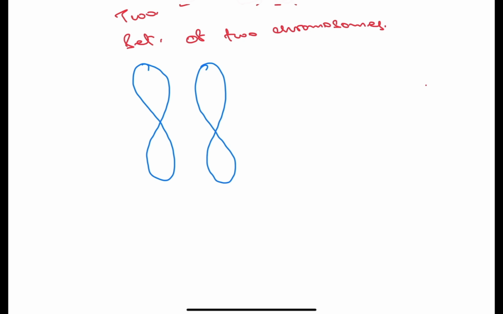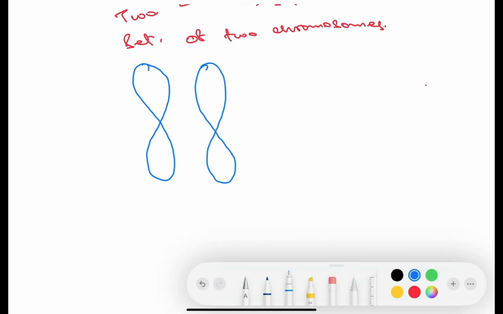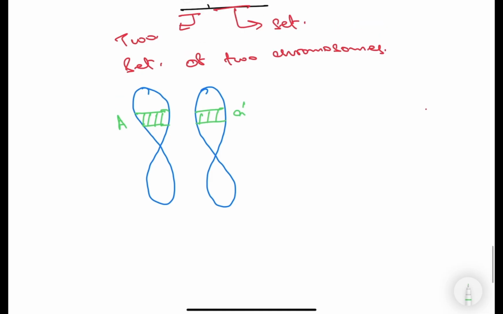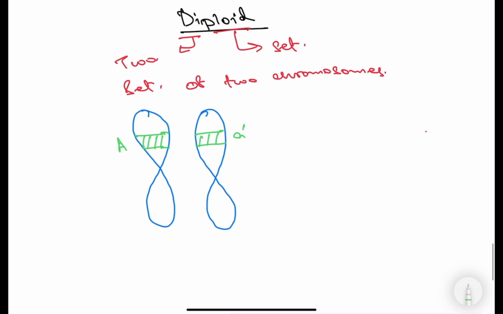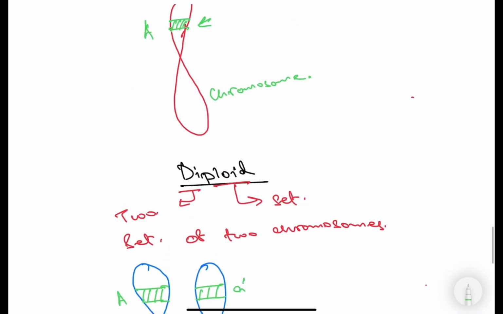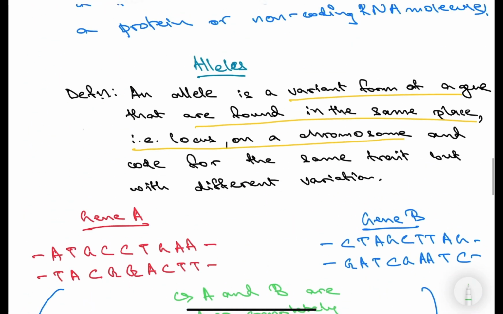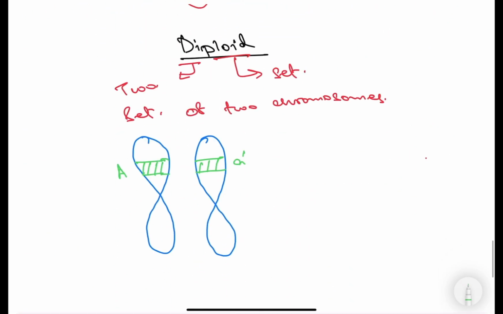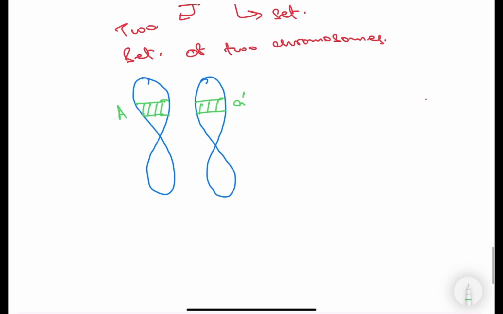So if gene A occupies this position, then its allele A dash will also occupy this position. This need not necessarily be an allele, it can also be A as well. But according to the definition, they are found in the same place, the same locus on the chromosome.